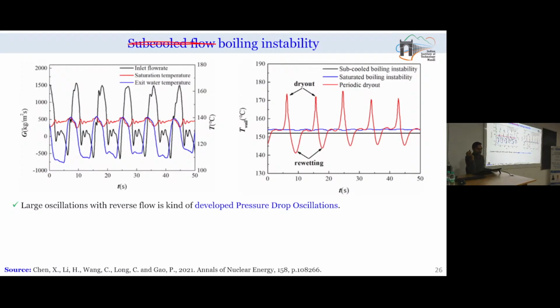So, whenever I will be having periodic dry out at the heater surface, you may consider that a significant amount of vapor has been produced. So, once there is a significant amount of vapor, that will all of a sudden be expanding and it will be closing the entire portion of the tube.